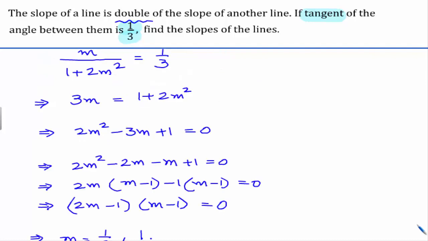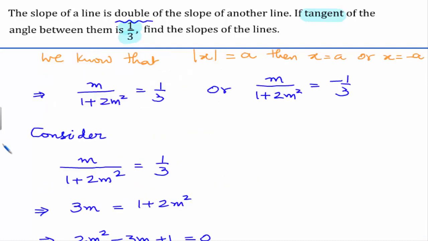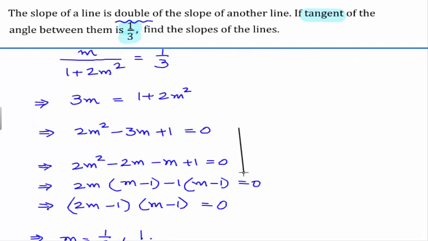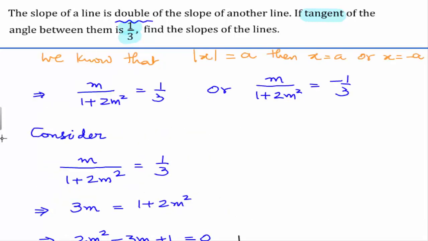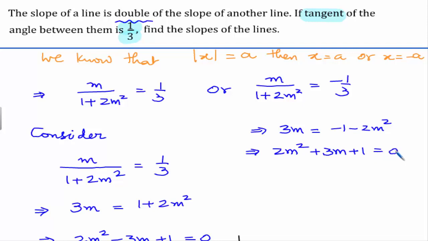Now similarly, let us consider the second part. Let me just draw one line here. Now the second equation, if we consider, we get 3m is equal to -1 - 2m^2, and we get a quadratic equation here: 2m^2 + 3m + 1 is equal to 0.